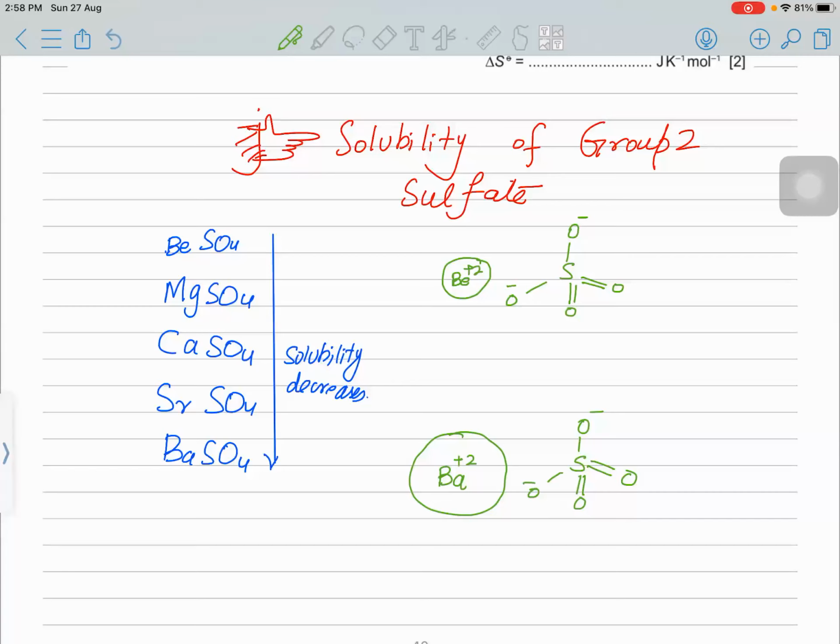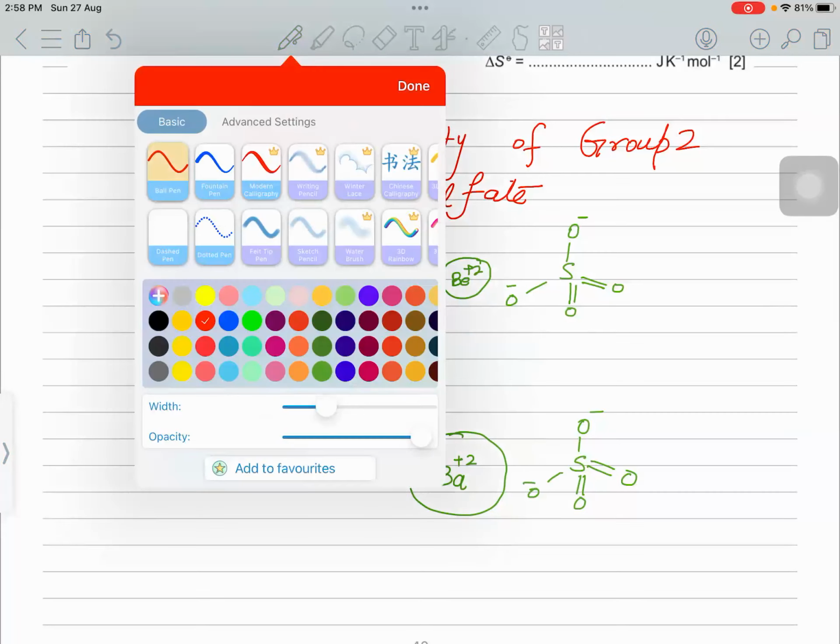Now, can you tell me what about the lattice energy? Down the group size increases. So lattice energy increases or decreases? Sir, it decreases.